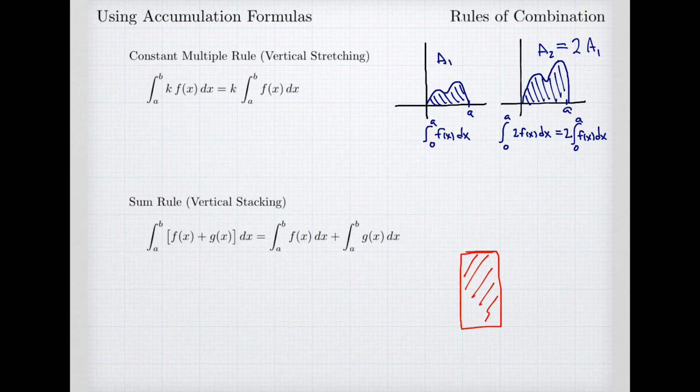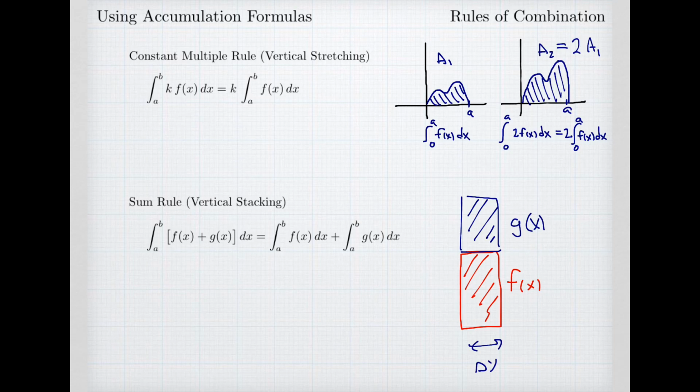So this might be my f of x. That's the height. And if I take a g of x and I add it to f of x, what I'm doing is I'm stacking a second function on top of the first function, but they have the same width. And so the area of this combined box is the sum of the areas of the two boxes.